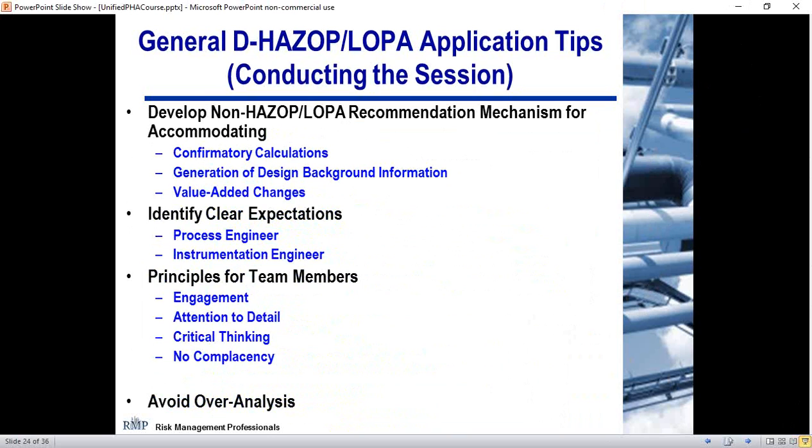Team members also need to be thinking critically of their own design and not be complacent: oh, this is how we did it before, or oh, we borrowed this design for refinery B from refinery A, and refinery A didn't complain, so it must be fine. So those are a lot of things that you can do during the session conduct.